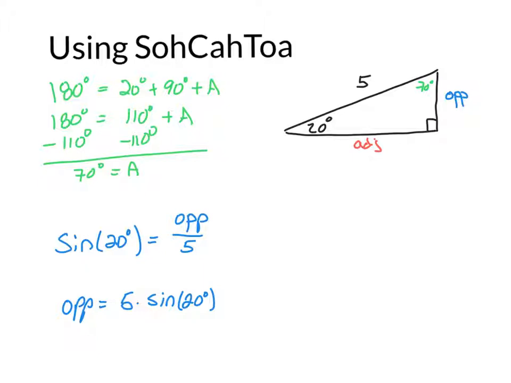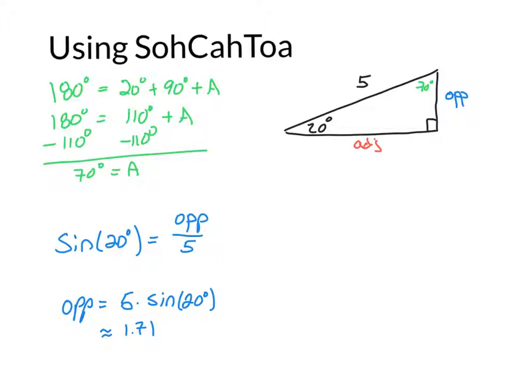If I want to come up with an estimate, I can plug this into a calculator. Something like Desmos would be just fine, and you just have to make sure that your calculator is in degrees. I would suggest you go ahead and try this out. What you should get is that this is approximately 1.71.